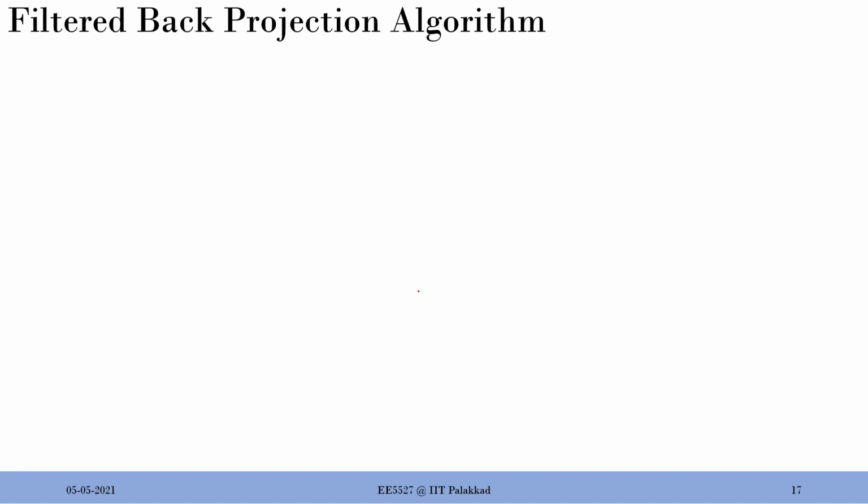Then you do the typical back projection, and you end up getting a very clean image. So that's the idea. Let me explain this for those who want to follow it. Otherwise you can skip this. If you're not interested in math, you can completely skip this, because the intuition is already available to you.